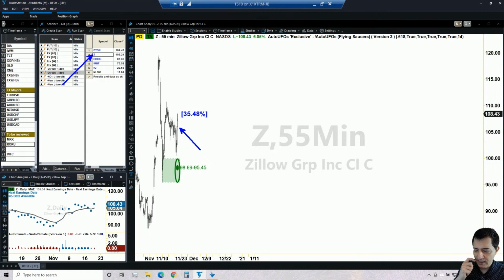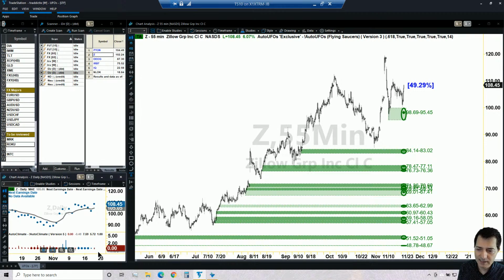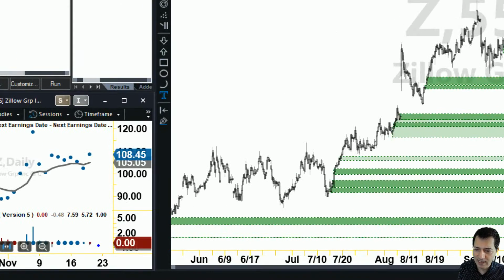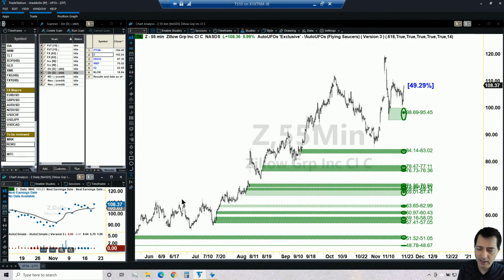This contradicts some of the market data that AutoClimate analyzes, and it has AutoClimate understand that, hey, wait a minute, while the directional component is to the downside, take it easy, be careful. The climate is not confirmed anymore, given that we are getting an impulse to the upside. Impulses to the upside are normally found in uptrends, not down markets. And so we have an alert, a warning sign, a flag being raised at us, and therefore we're going to pass on Z as a potential candidate to short.